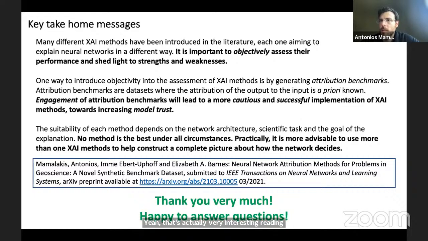The only thing that I want to highlight is that when you create new problems, it is always under this concept that I introduced here: you need to make sure that you can objectively derive the ground truth of the attribution, because otherwise it's not fair to compare or benchmark these methods to something that is inherently not derivable.